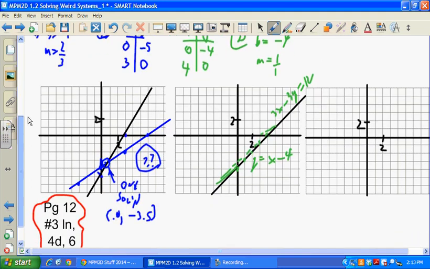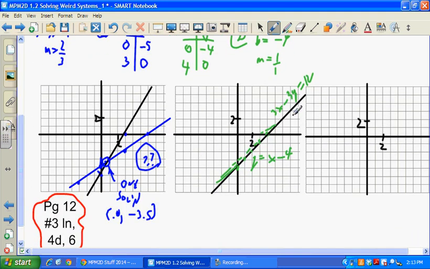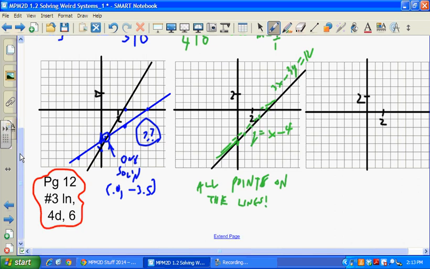Solve these weird systems. Well, what's the solution to this system? All the points are solutions. There's an infinite number of solutions. All points on the lines. Infinite number of solutions.